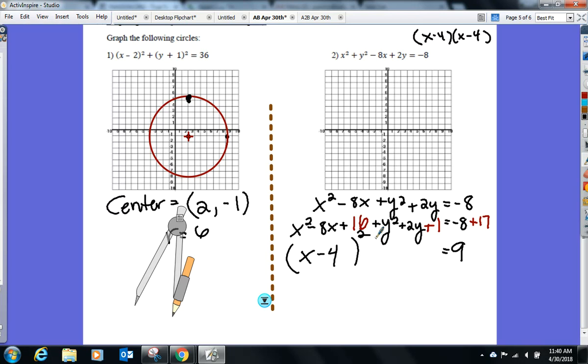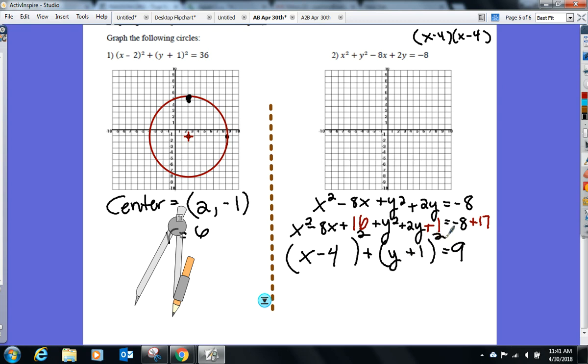By the way, if you don't want to factor it, I highly recommend not. Anybody know where I got negative 4 from? Half of your b value. That's what number can go in here, half your b value. Plus, what number should go in here now? What was half your b value? Positive.